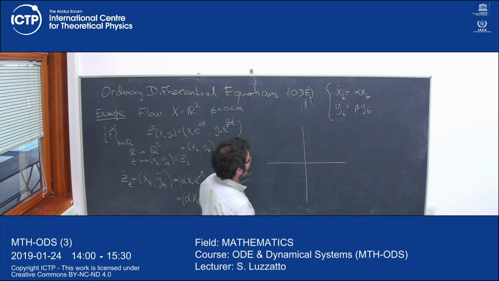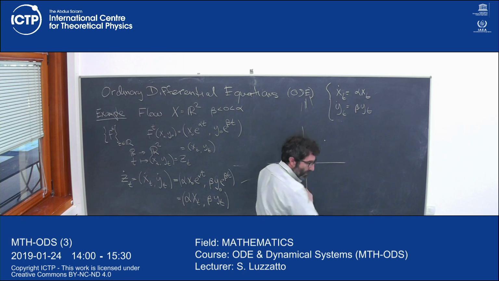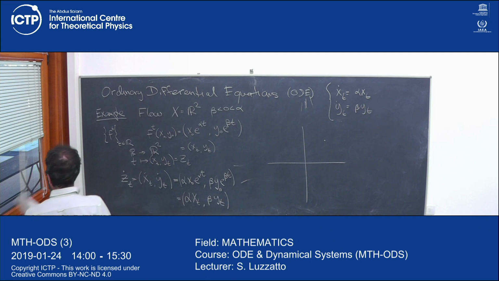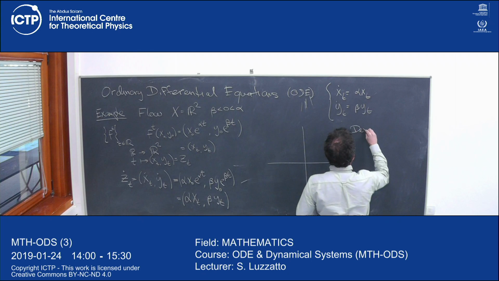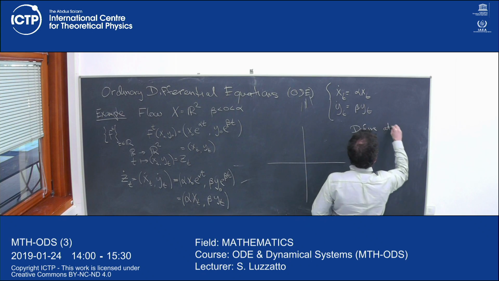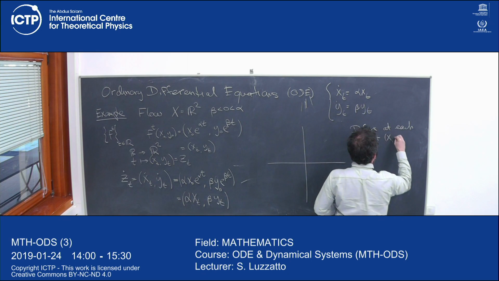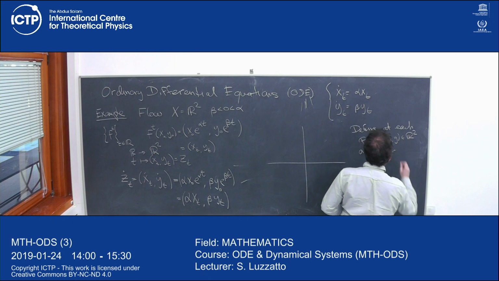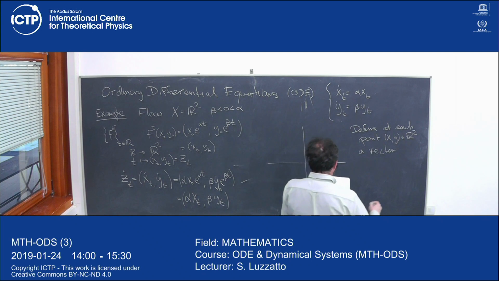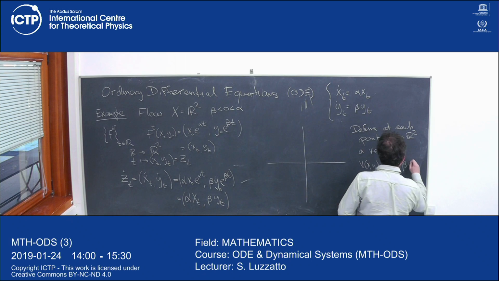Now suppose that I give you at every point a vector, so suppose that I define at each point x, y in R2 a vector phi of x, y equals alpha x, beta y.